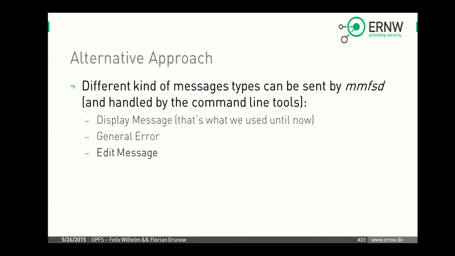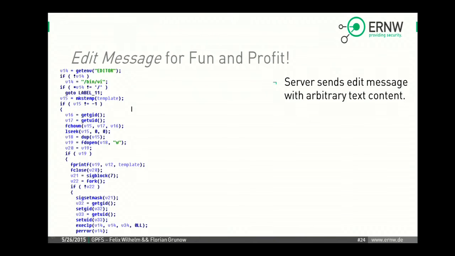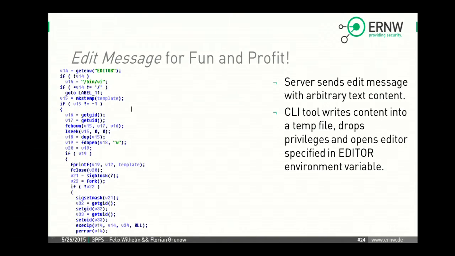And then we stumbled upon edit message, which is quite interesting, because edit message does what it says. The server sends edit message with an arbitrary text content. The command line tool, or TS status as we're calling it in our case, writes this content into a temporary file, drops the privileges, opens the editor specified in the editor environment variable, and lets the user edit this text.